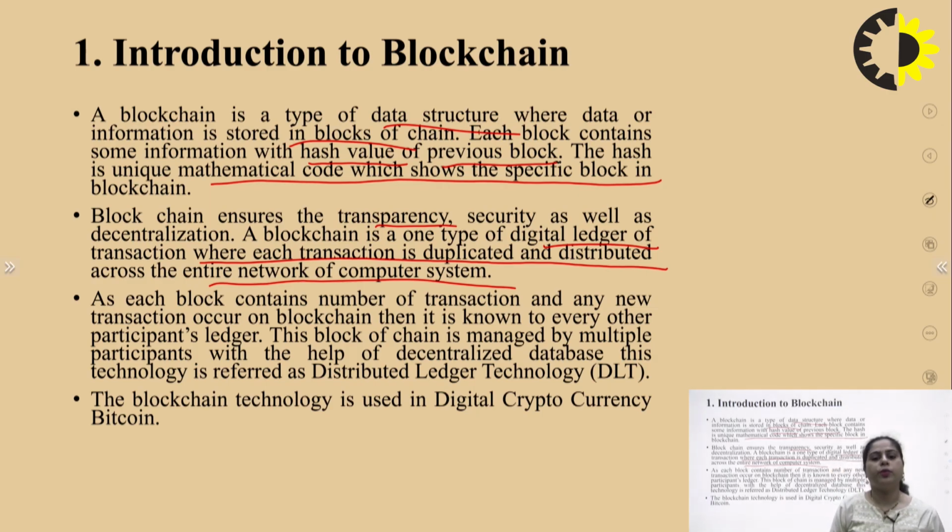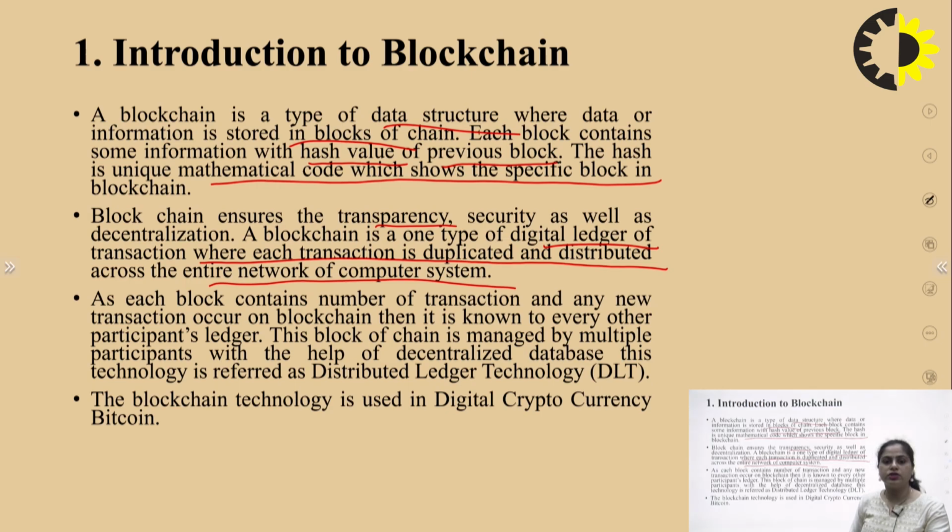Blockchain is one type of ledger. A ledger is nothing but a digital notebook. It is the records which store the information, the transactions happening in the network, all the updations, all the data.